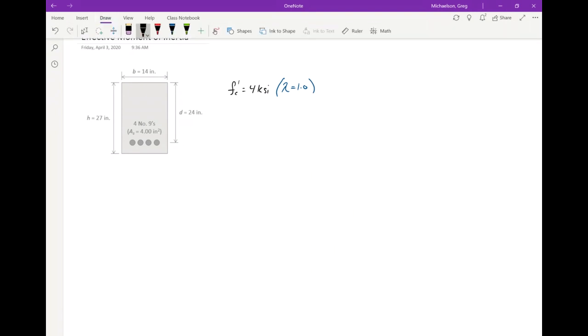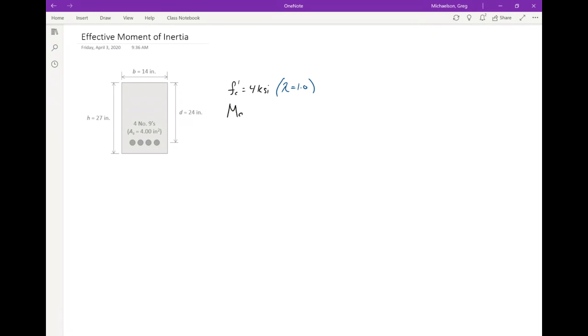We also know that MA, our applied moment, is 140 foot kips. All right, and I think that's everything we need to start. I think you're going to find that this is very straightforward and very plug and chug. So I'm going to get right into it.